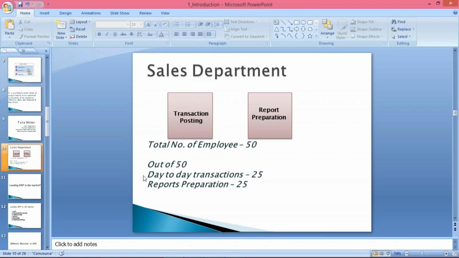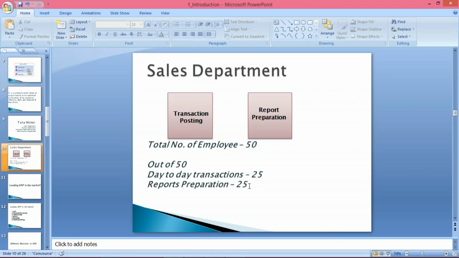The benefit will be that only these 25 people who are involved in day-to-day transaction posting are required. The remaining 25 people who are involved in report preparation are not required.